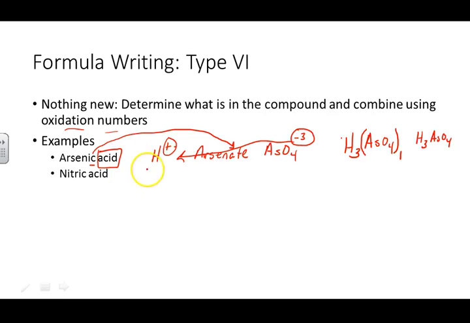Nitric acid. Okay, we know that we have hydrogen. Nitric came from nitrate. Nitrate, we look up and we find that we have NO3, the -1 charge. So we've got +1, -1. That's a 1-to-1 ratio to give neutrality, HNO3.